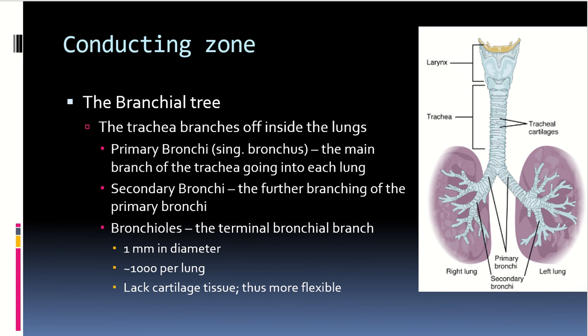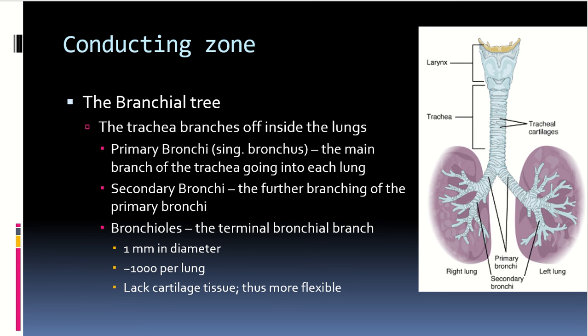The bronchi we can think of as sort of an inverted tree, where there are different levels of branching. The first set of branching, the branching that goes from the trachea to each individual lung, would be the primary bronchi. Singular is bronchus. That initial branching just serves as a passageway going to either the left lung or the right lung.